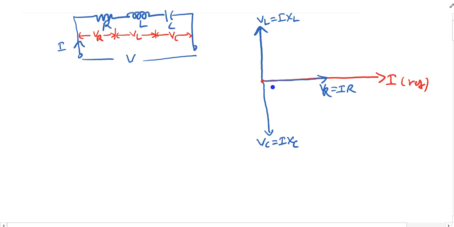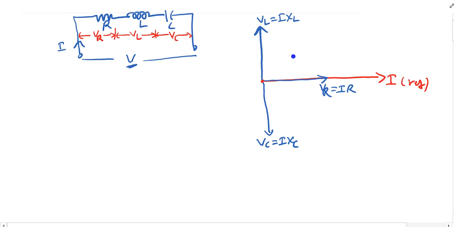Now if I want to calculate the supply voltage, it is nothing but the vectorial summation of VR, VL and VC. Here you see this is the VL vector, this is your VR vector, and this is our VC vector.